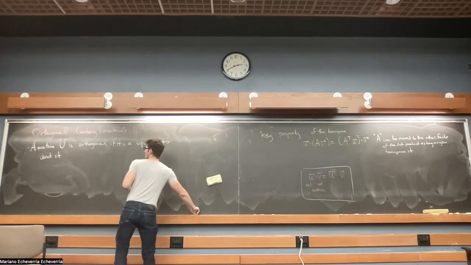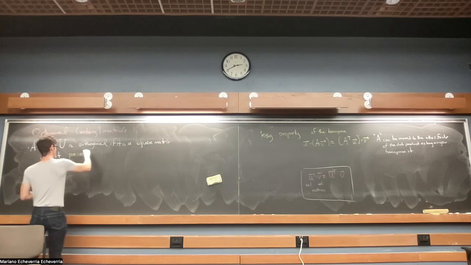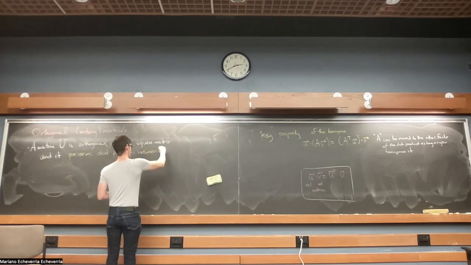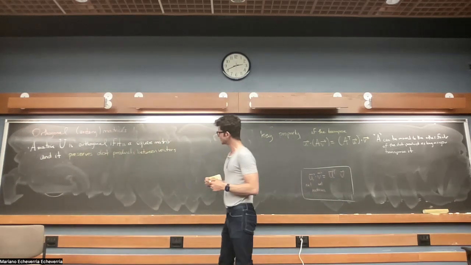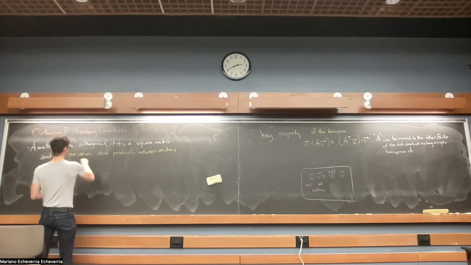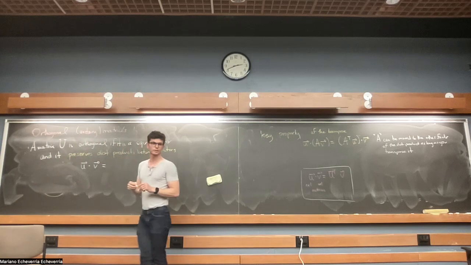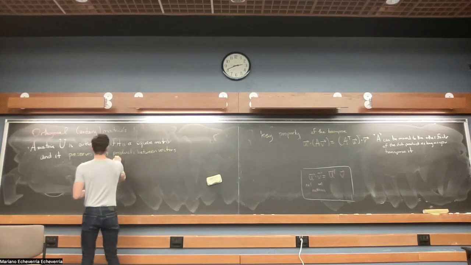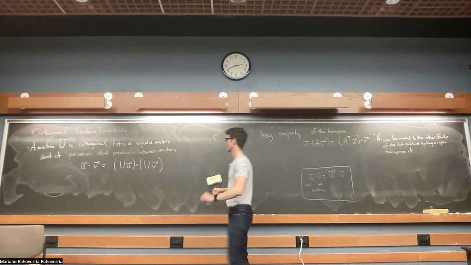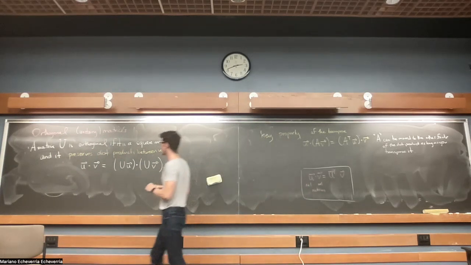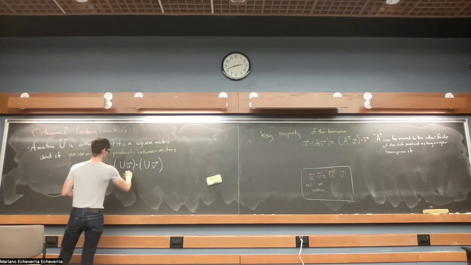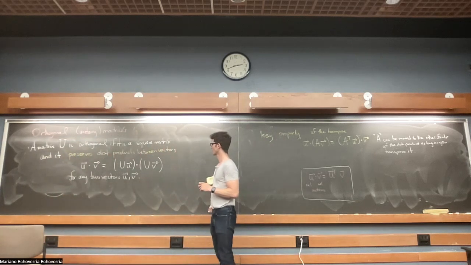Let me write what I mean by that. If you have two vectors u and v, and you take their dot product, that number is the same number that you would get if you do the matrix times u dot the matrix times v, for any two vectors u and v.